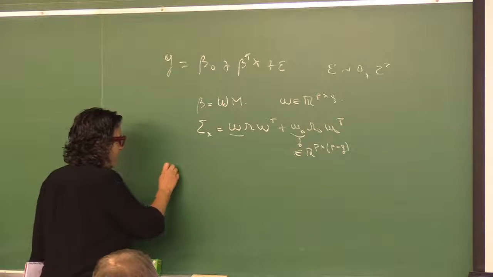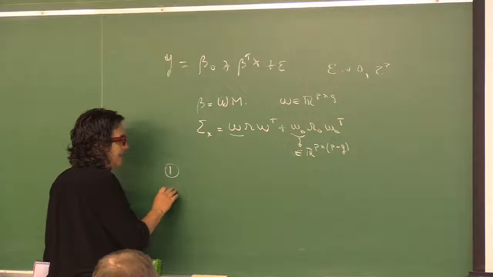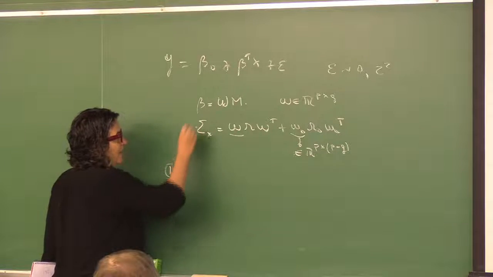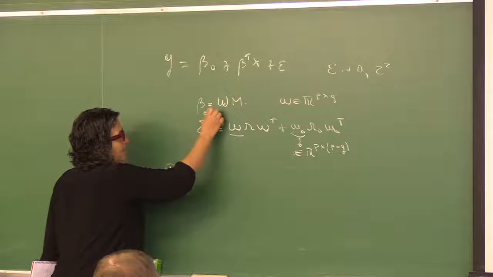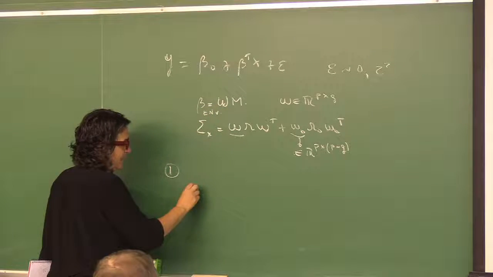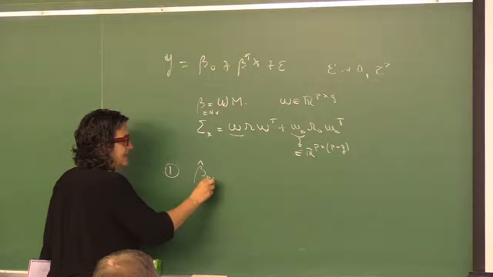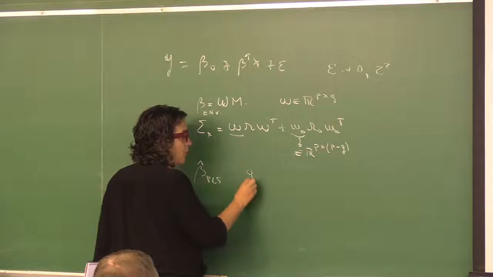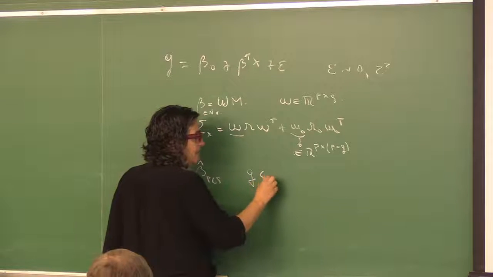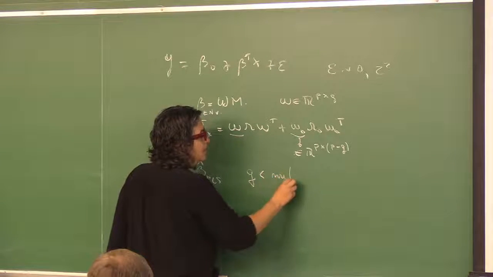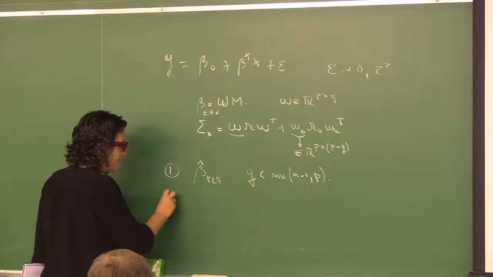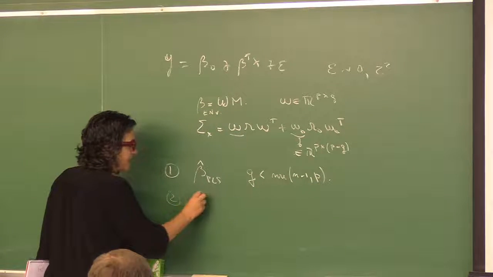And from here we have at least two different estimators. Let me call this beta envelope. One of the estimators was PLS, and the only thing I need to be able to compute it is Q less than the minimum between N minus 1 and P. And then the other estimator was the MLE.